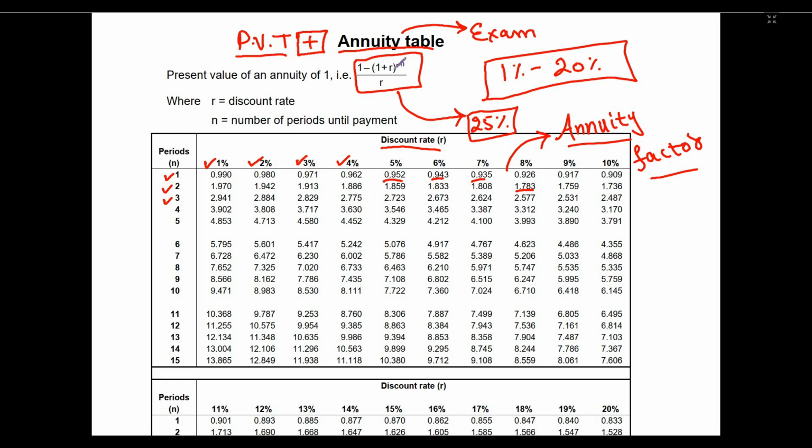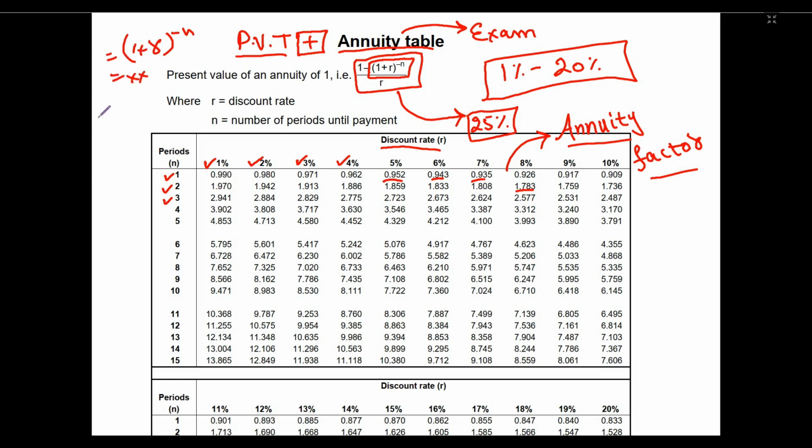Okay, so when we solve any question using this formula, first of all we will solve this equation. We have already solved this equation when we were solving examples related to the discounting factor. First of all we solve this and we get some answer.